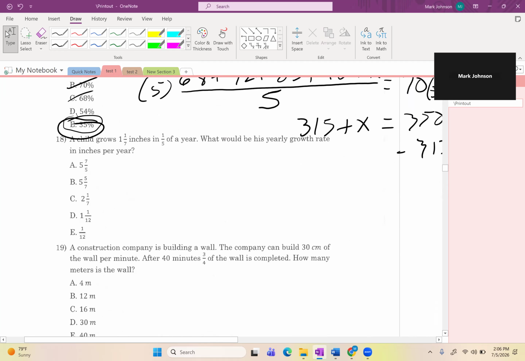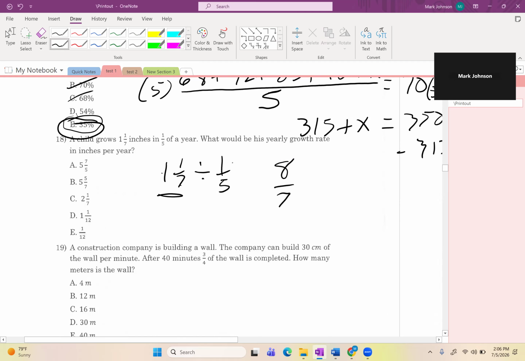A child grows an inch in 1/7 of a year. What could his yearly growth rate be in inches? So we want to divide 1/7 divided by 1/5. So let's change the left to an improper fraction. 7 times 1 is 7, plus 1 is 8/7.